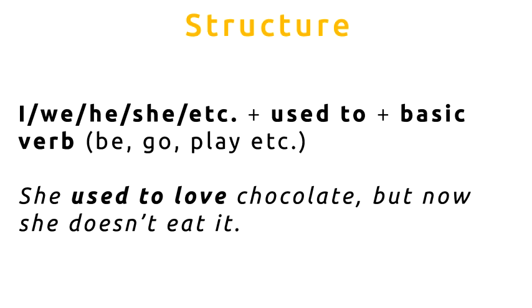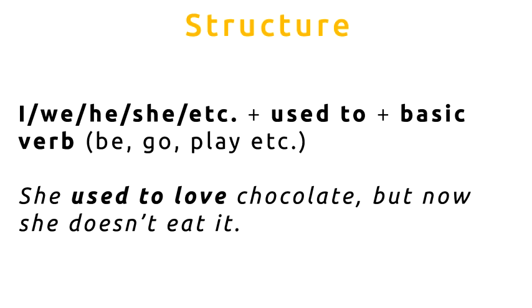So you can notice the structure. She plus used to plus a basic verb, love. She used to love. And the thing that's changed is she used to love chocolate, but in the present time, she doesn't.